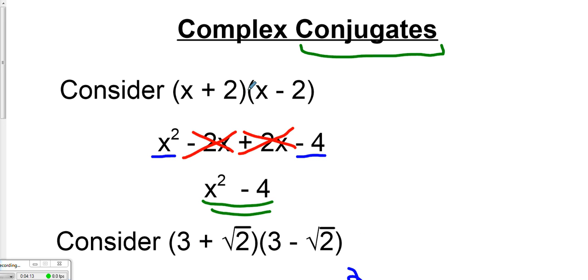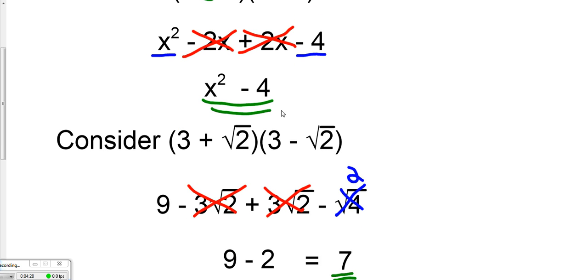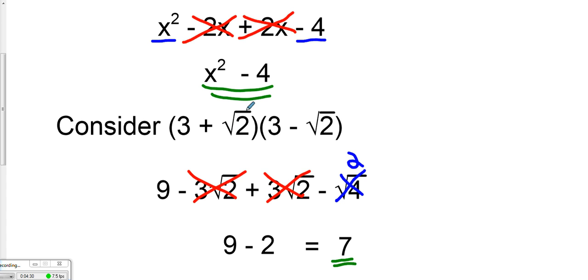And the way we did it was you take the opposite of this piece. So instead of x plus 2, it's x minus 2. Notice that the x was not the negative version, just the 2 was. Same thing, to get rid of this square root, instead of plus square root of 2, we did minus square root of 2.